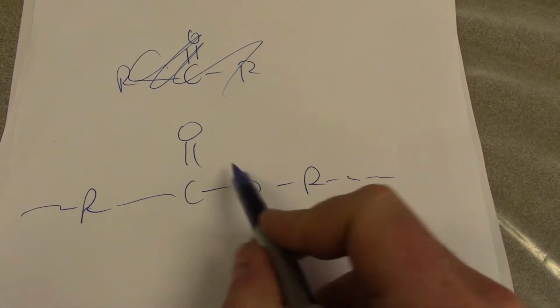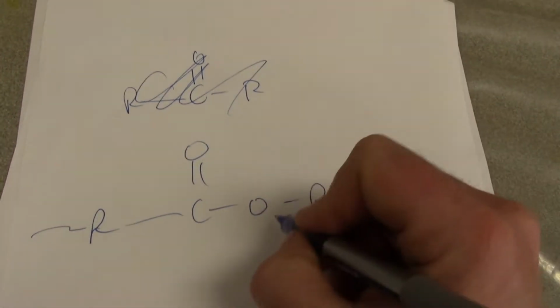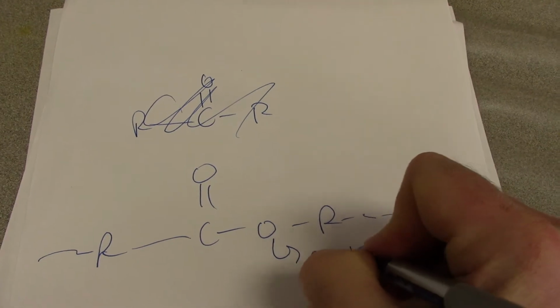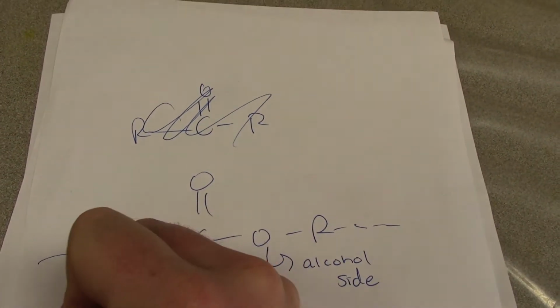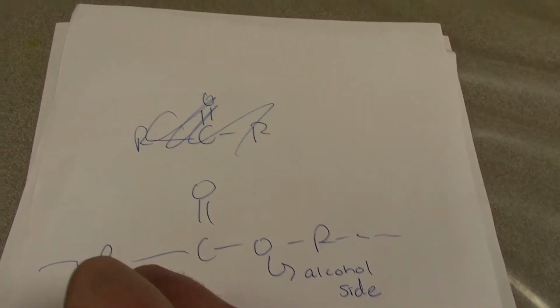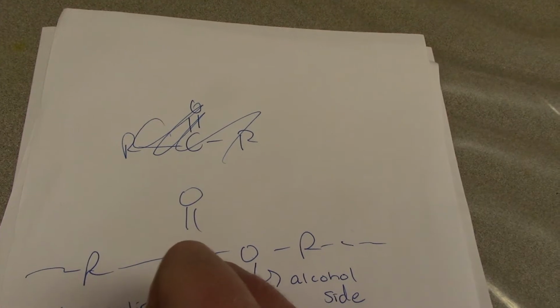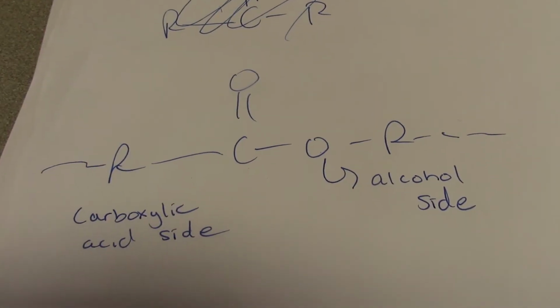You have this single bond O, double bond O right in the middle of two carbon chains. The side with the single bond O is the alcohol side, and the side with the double bond O is the carboxylic acid side. That's important when we name these things.